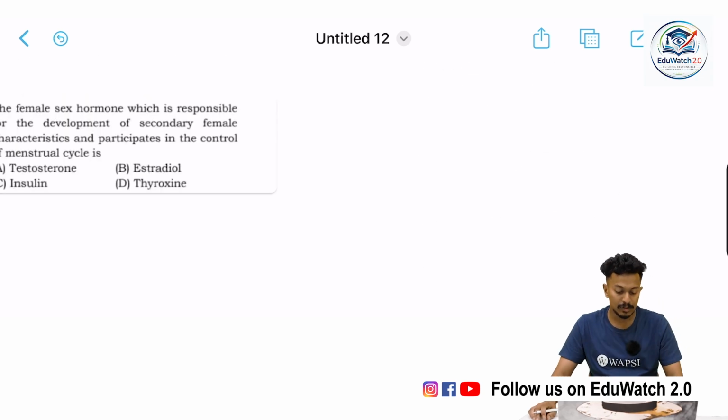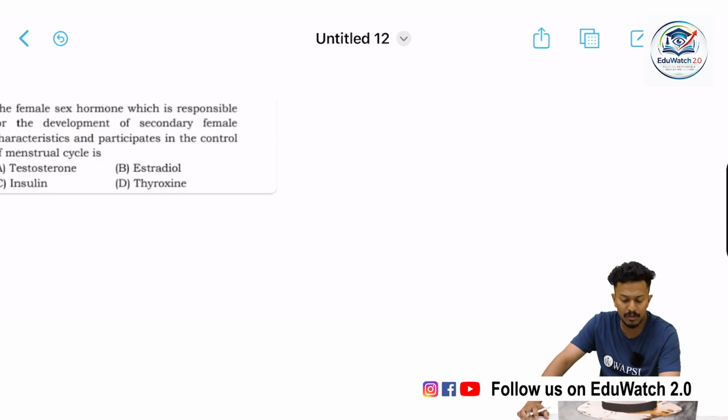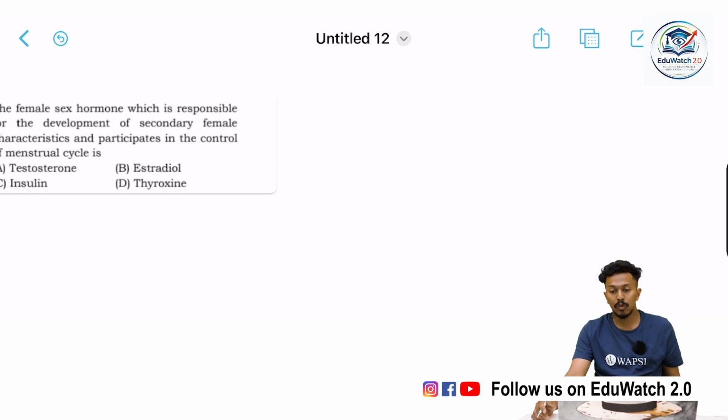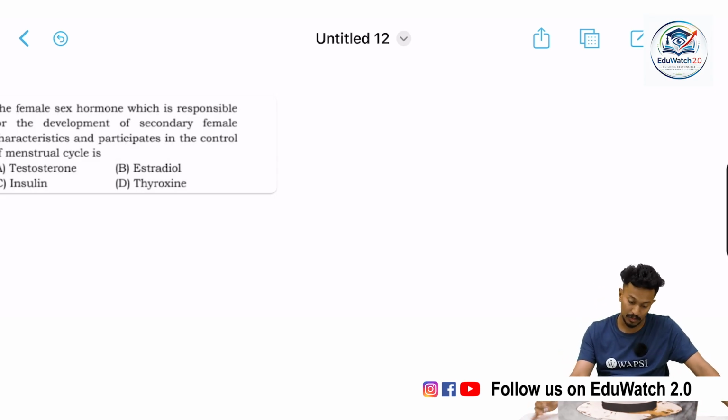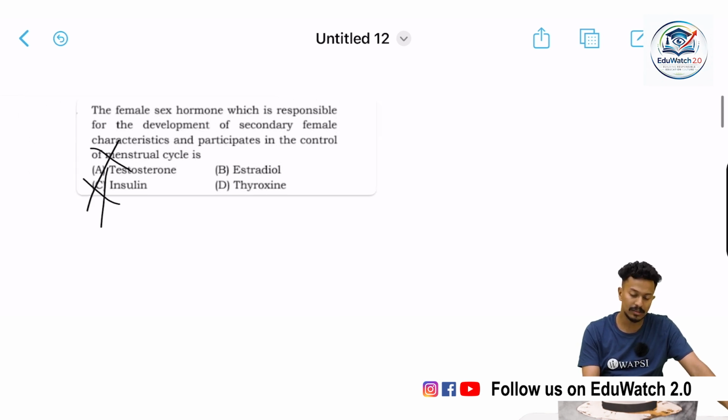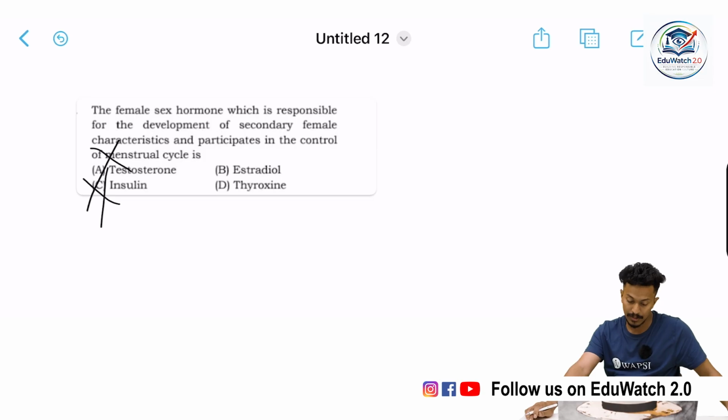The female sex hormone which is responsible for the development of secondary female characteristics and participates in the control of the menstrual cycle is what? We do know that testosterone is not a female sex hormone, it's a male sex hormone. Not insulin either; insulin is a hormone produced by the pancreas.